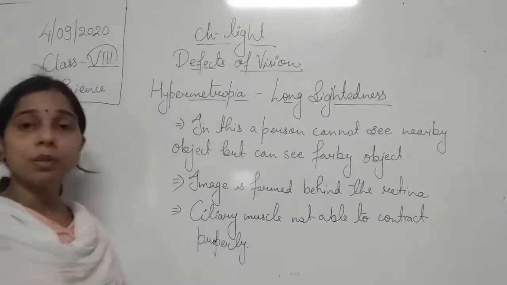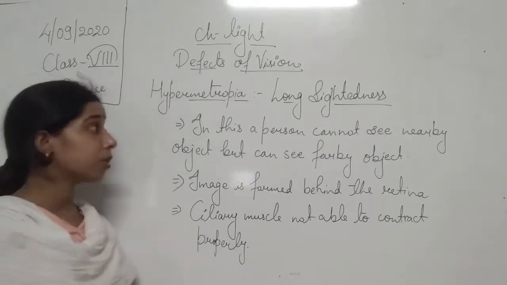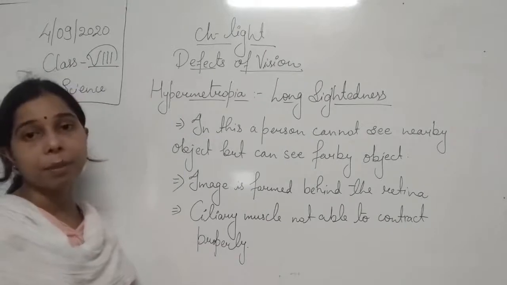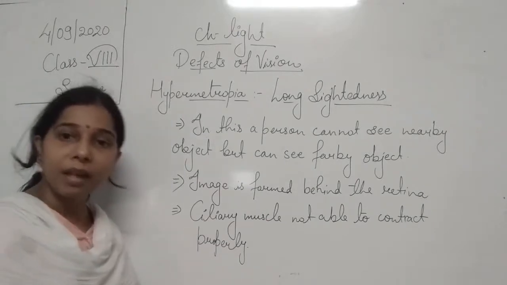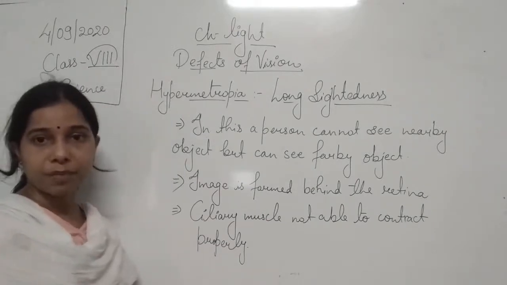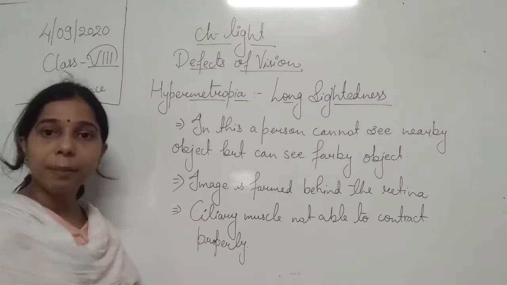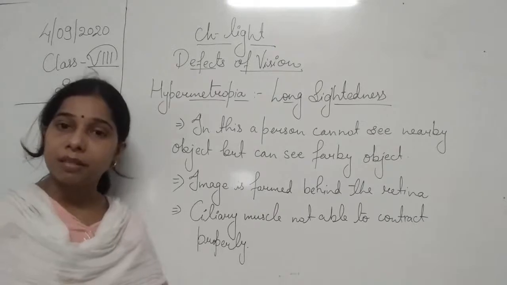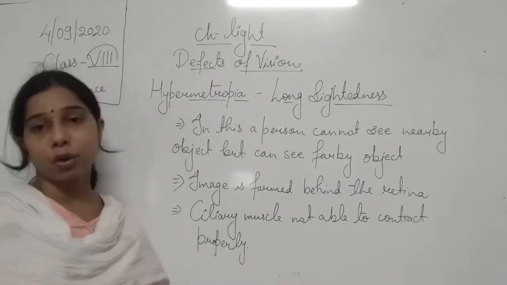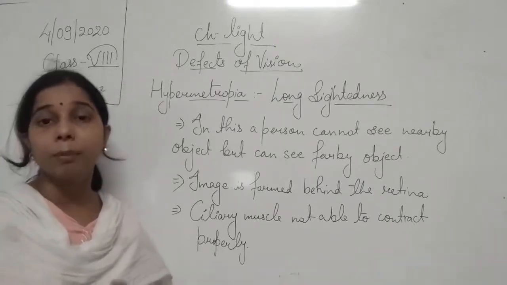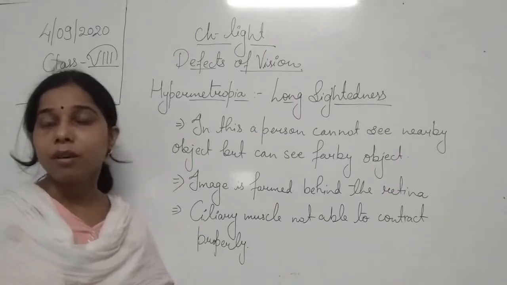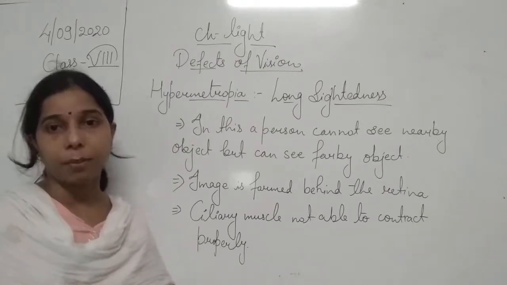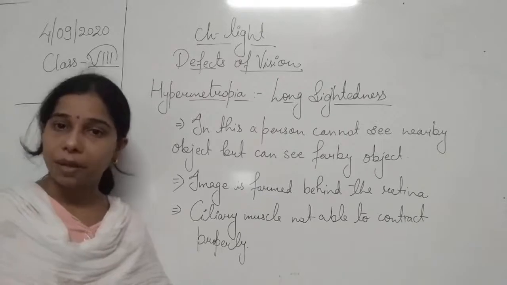If we talk about the image, students, the image formed in case of hypermetropia is behind the retina. Okay, so the image is formed behind the retina. Here, if we talk about the ciliary muscles, the ciliary muscle is not able to contract properly, and because of that, a problem occurs in a person, that is hypermetropia.